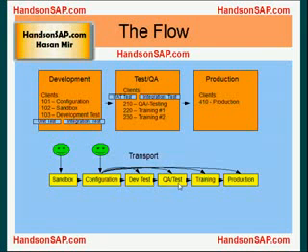If your testing team and users are happy, you copy the configuration from the configuration client to training, and you do your training, and then you copy the configuration from the configuration client to production. So this is the main source.